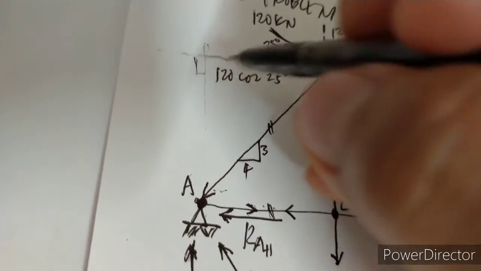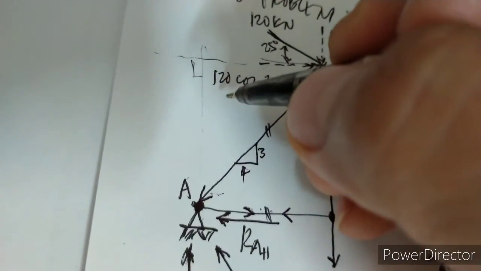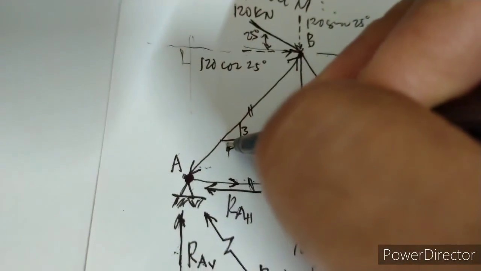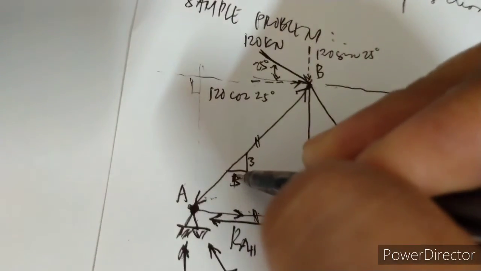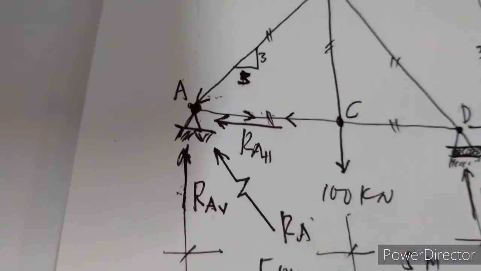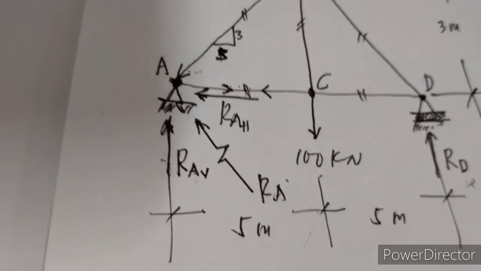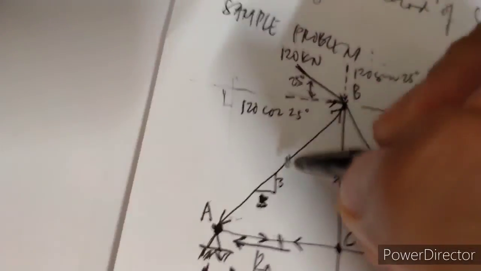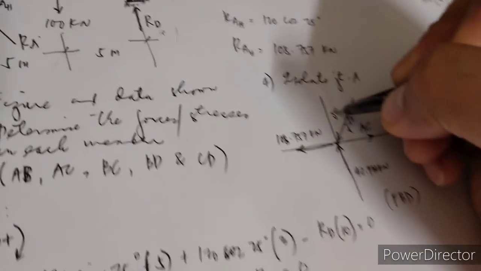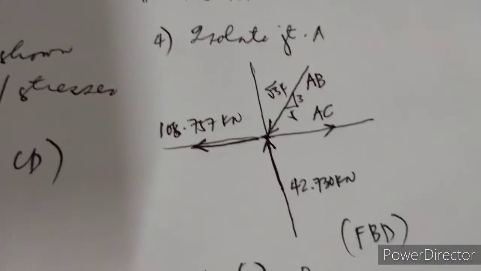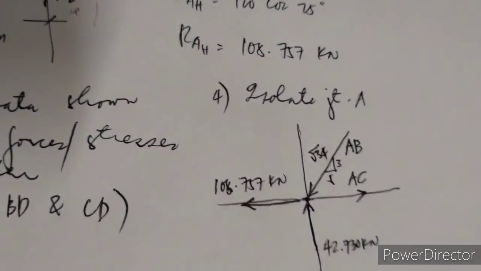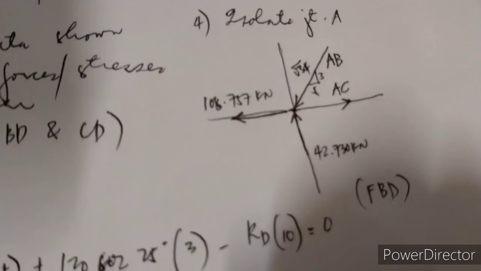What will be the 16 plus 9? 25, so I'm sorry, this is 5. Okay, I stand to be corrected, that's 5. So this is 5, this is 3. So 25 plus 9, square root of 34. So the slope is square root of 34. So we are now ready to continue the solution.